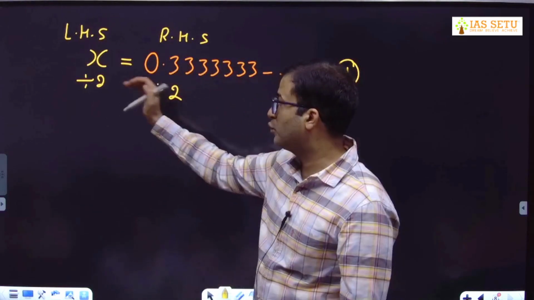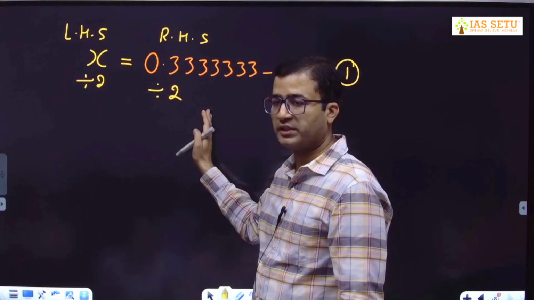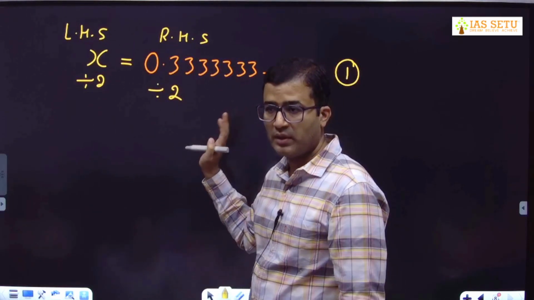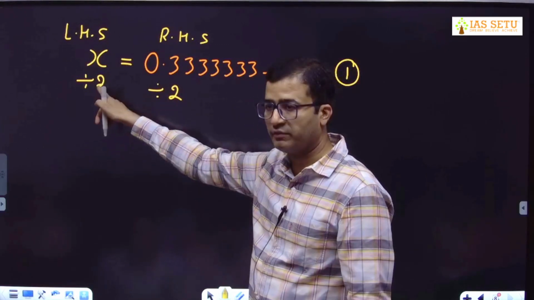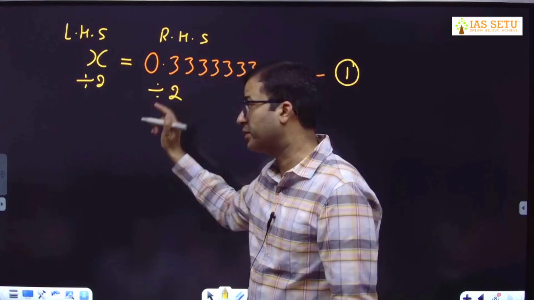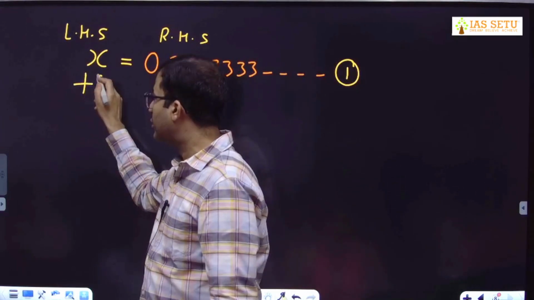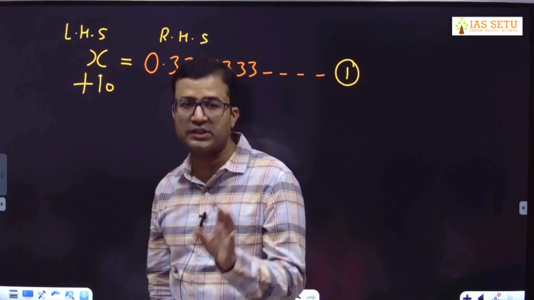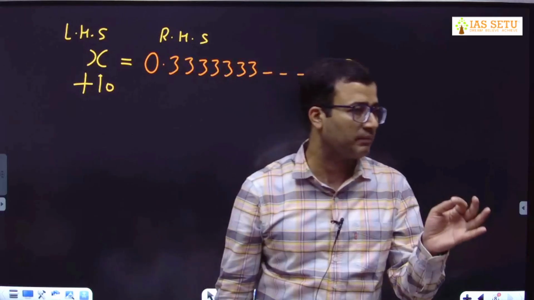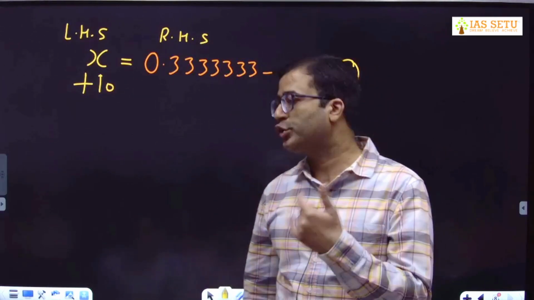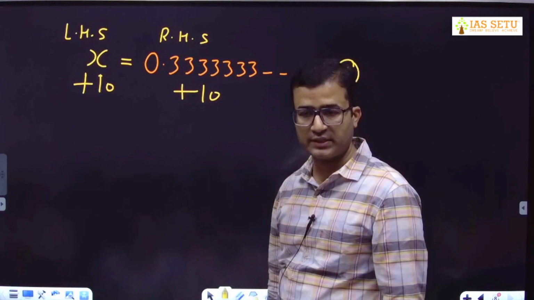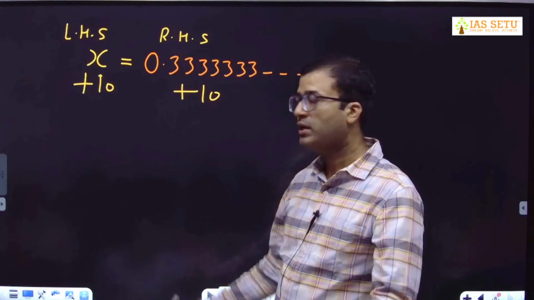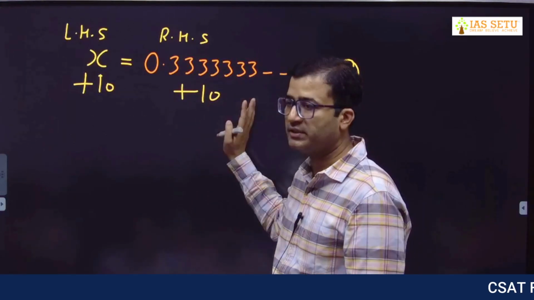If you offer gulab jamun here, you have to offer it to this kid also. There are 2 kids. If you slap this one, the other should also get it, otherwise he will cry more. So you have to give the same treatment. You can do addition also. There are 4 operations: addition, subtraction, multiplication, division. If you want to add 10, you can, but you have to add 10 on the right hand side also.